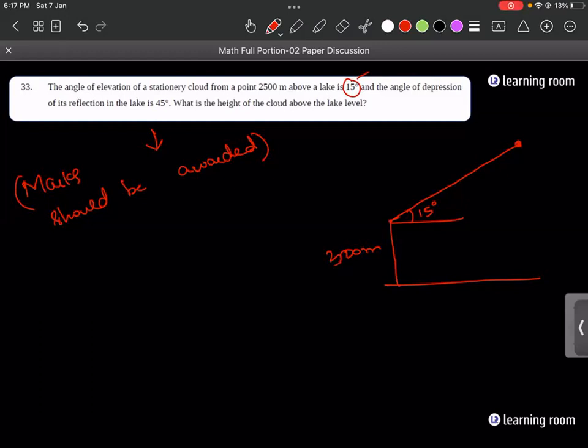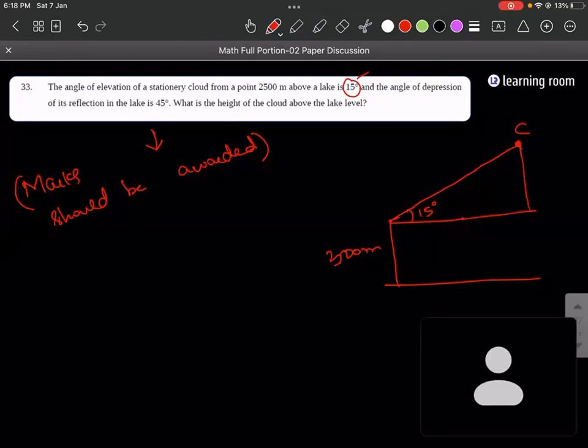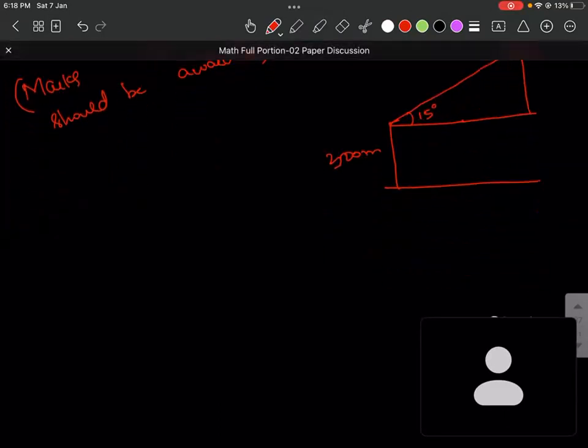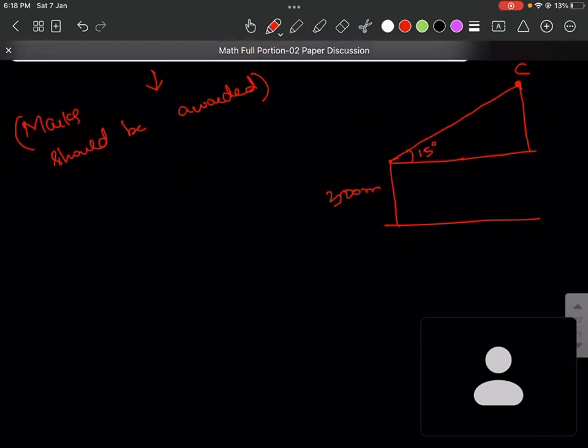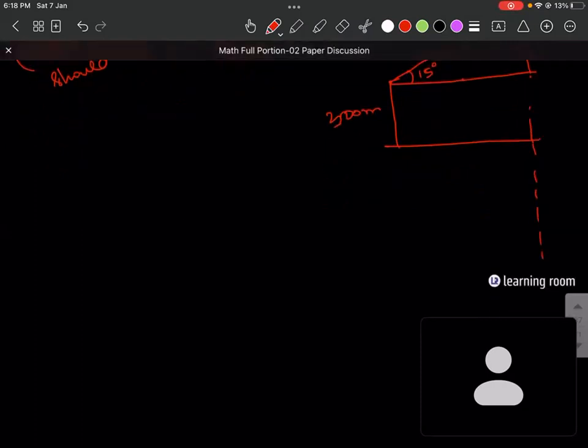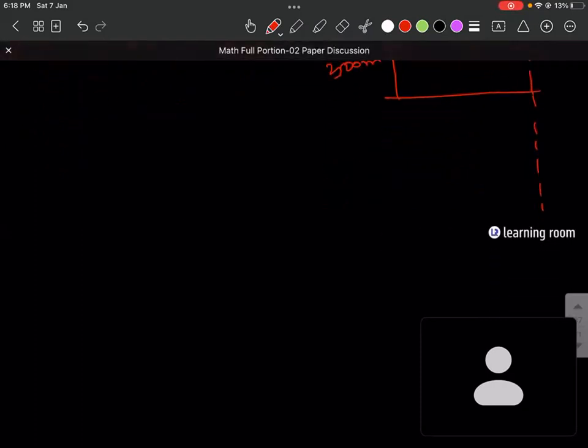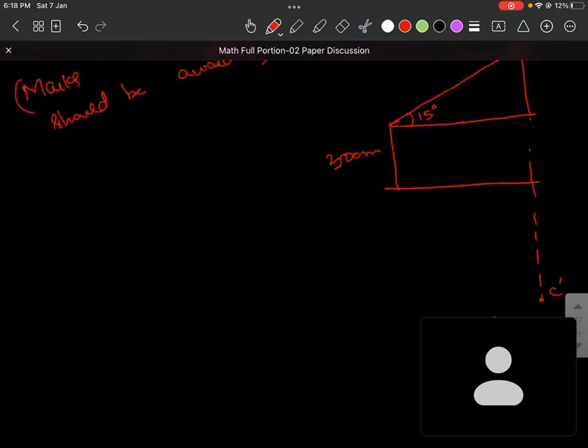Okay, let me complete the diagram. If I take this to be the cloud, the reflection of this cloud is found somewhere over here. Am I clear?